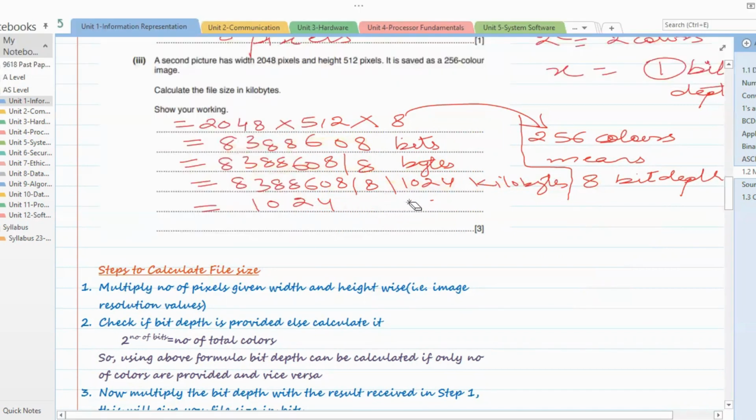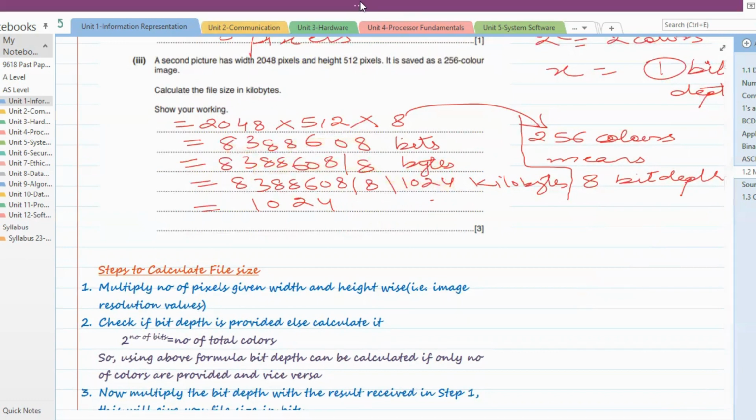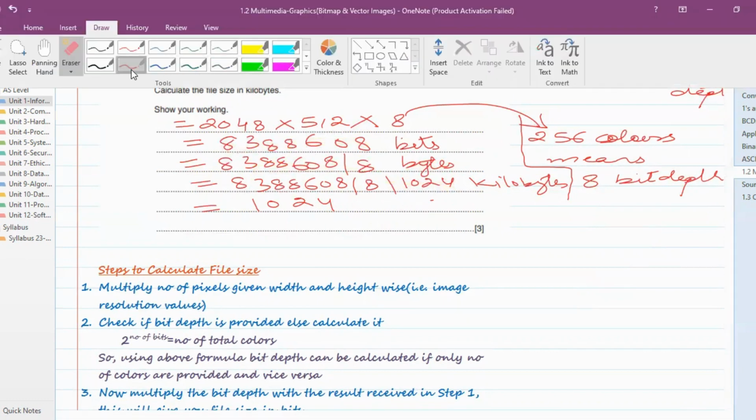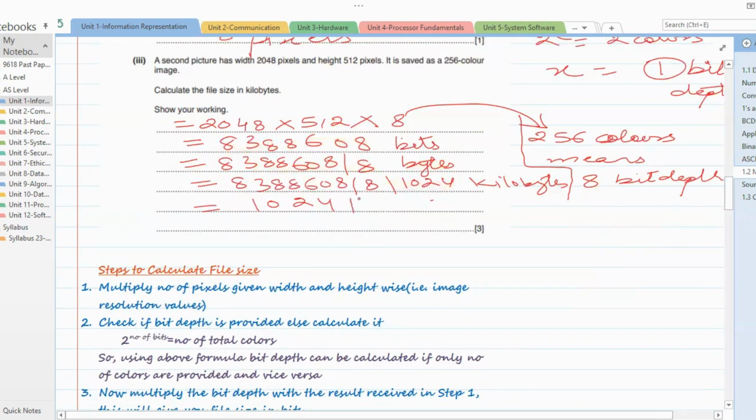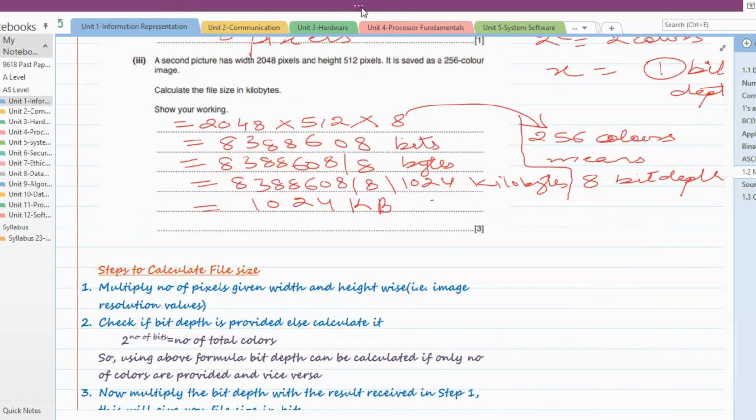So here you have to write K. I'll just write here, this is kilobyte.